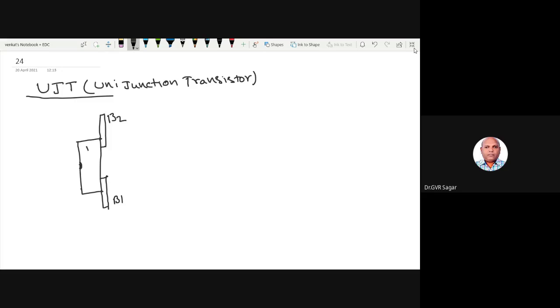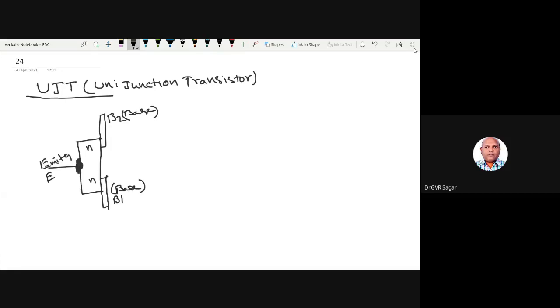So this is the N-type bar, and on it a small amount of P material is placed. From this P material, a lead, an aluminum rod, is taken out. This is called the emitter. This is base 2 and this is base 1.